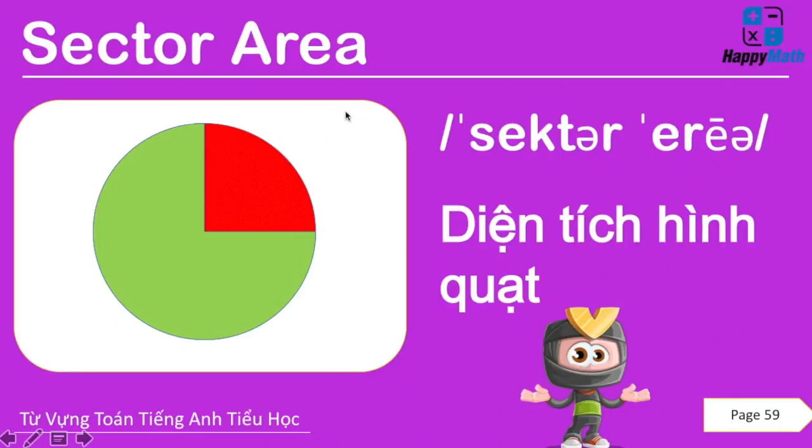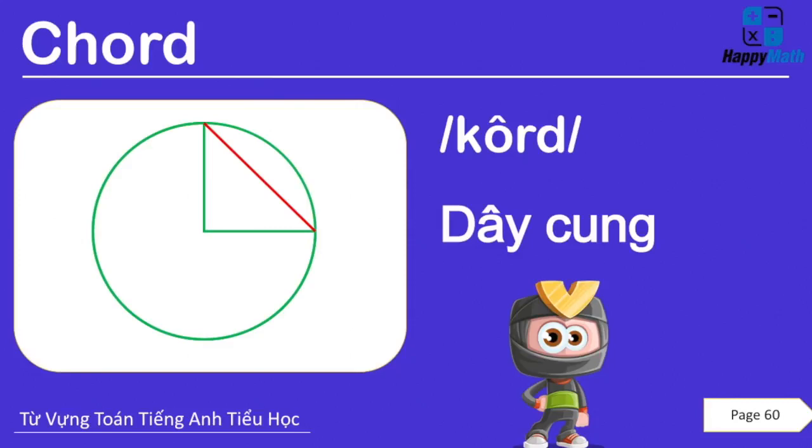Sector area. Chord. This is a line, not a curve. From this point to this point, this one we call the chord, and this one we call the arc.